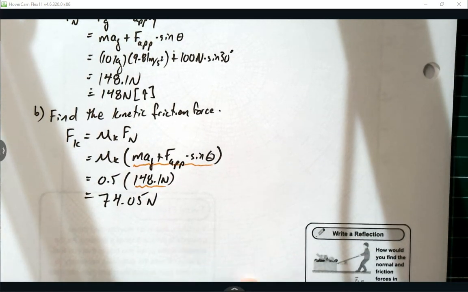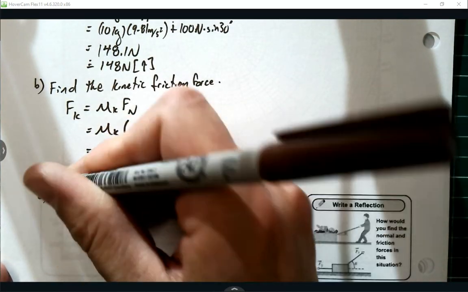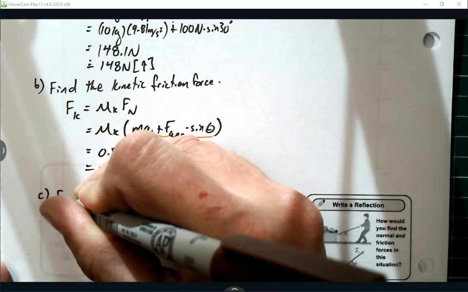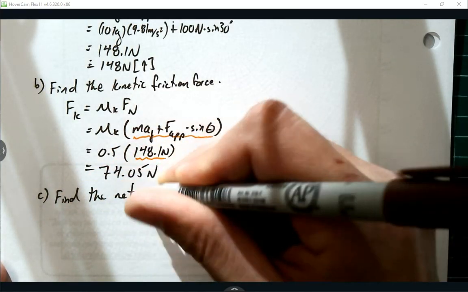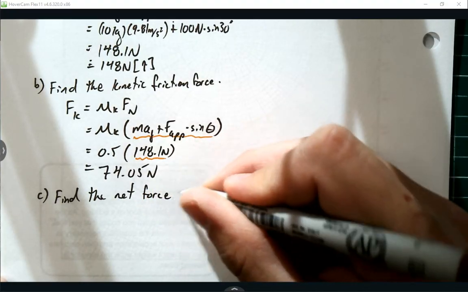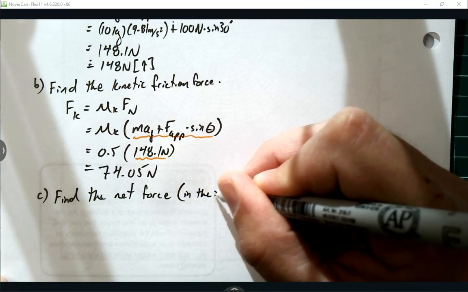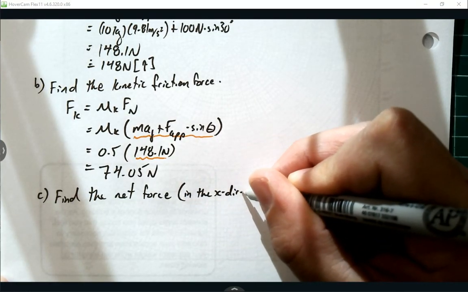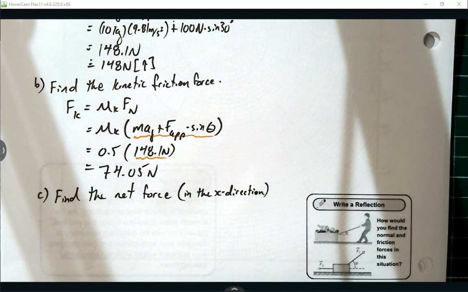And then, again, the next logical question in this sequence of progression would be find the net force. And I could say implicitly in the x direction. Now the reason it's implicitly in the x direction is because we kind of have already stated that the net force in the y direction is 0.